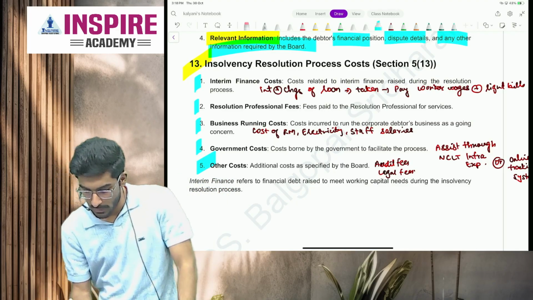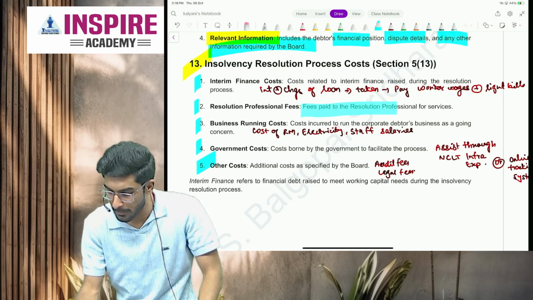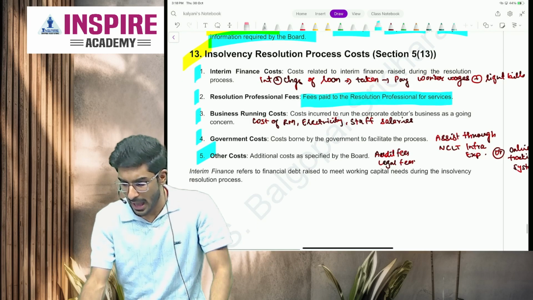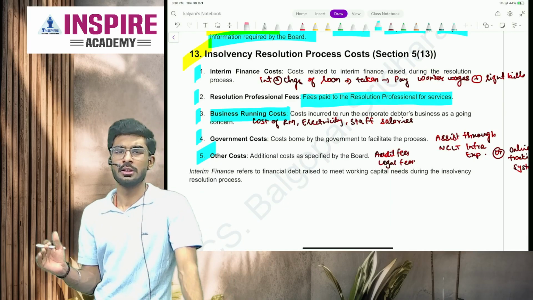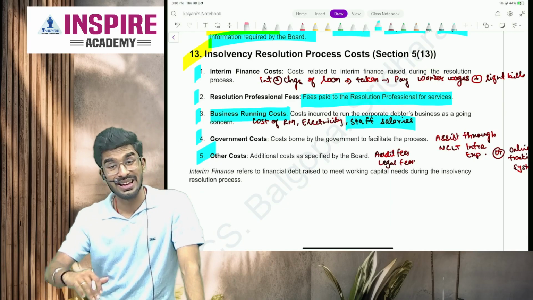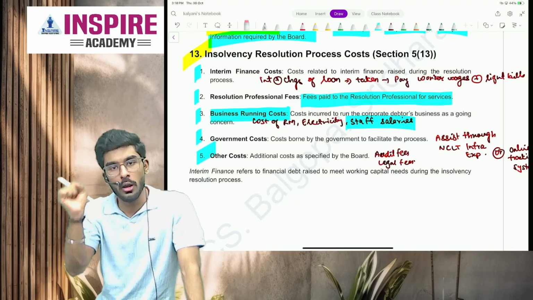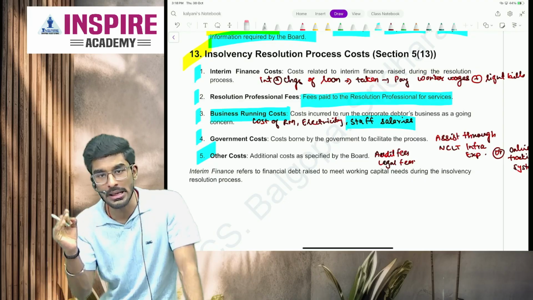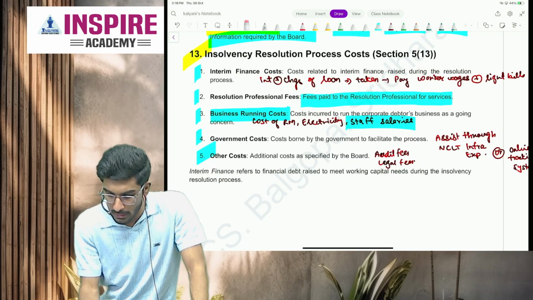Next is the RP's fees. Obviously, fees paid to the RP for professional services. And then, people, the business should keep running: cost of raw materials, electricity, and staff salaries, every single thing. While the company is in the CIRP, all the expenses will be included in the insolvency resolution process cost. And next, government dues.